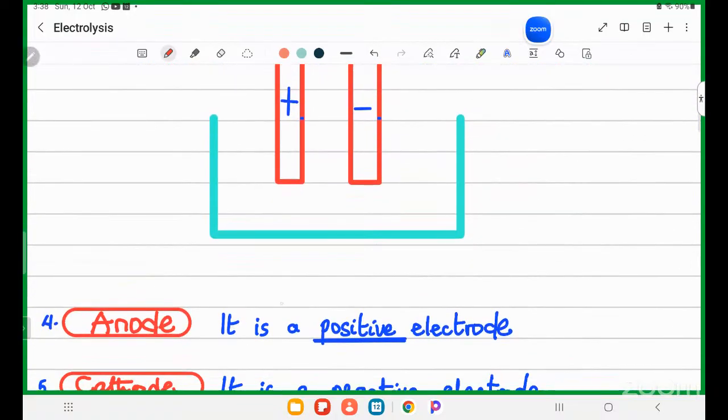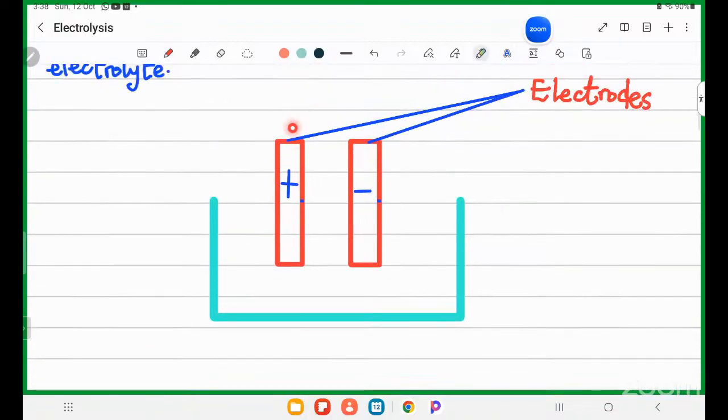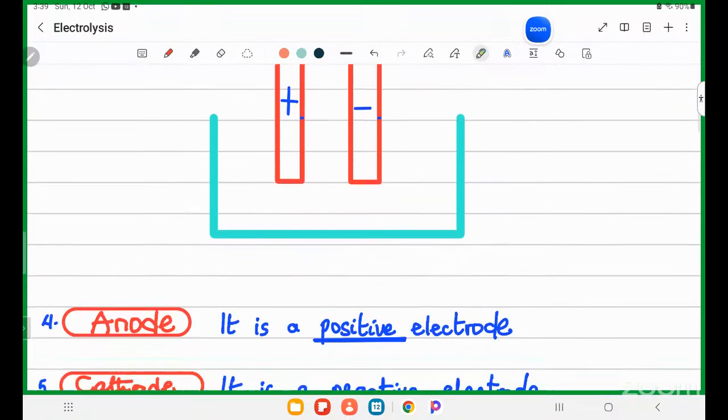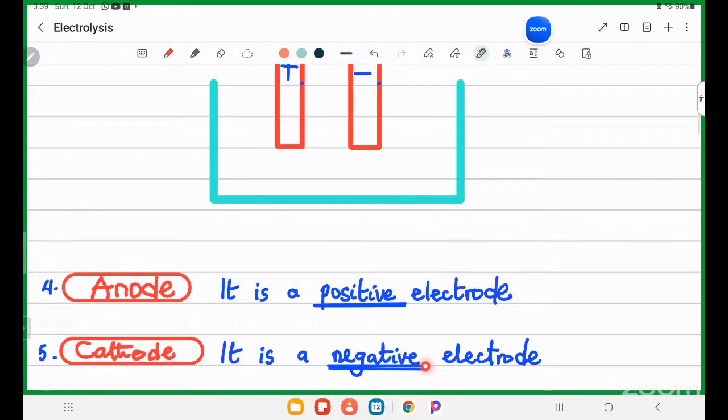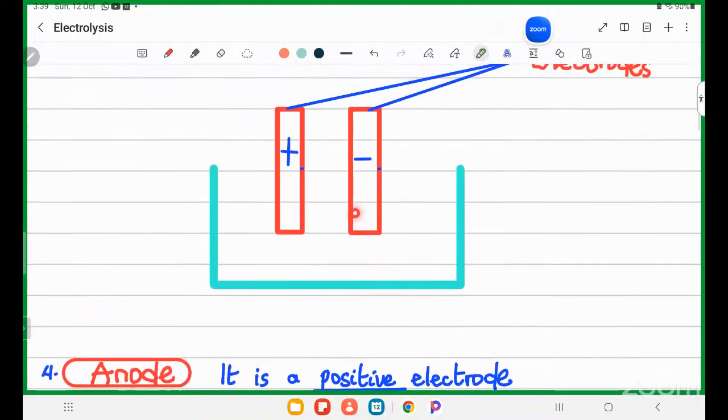The anode is the positive electrode, and the cathode is the negative electrode.